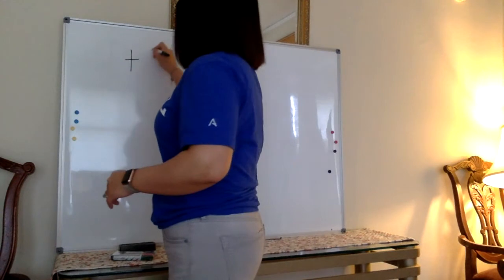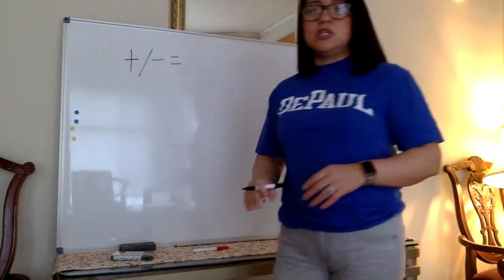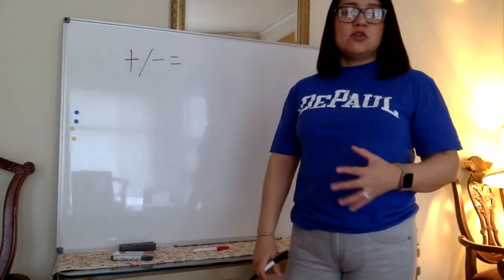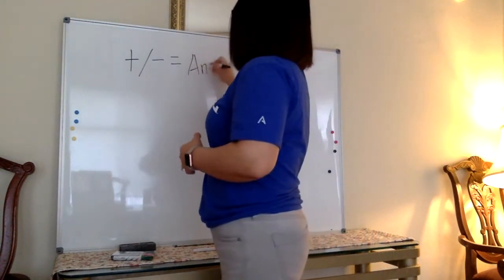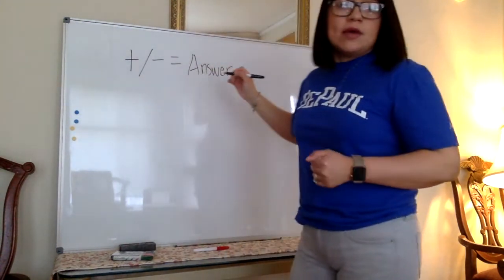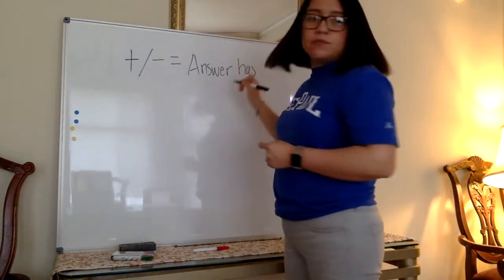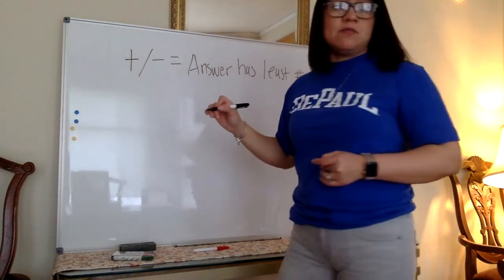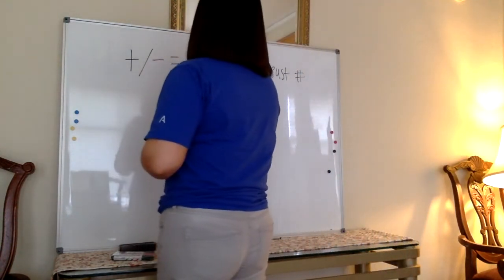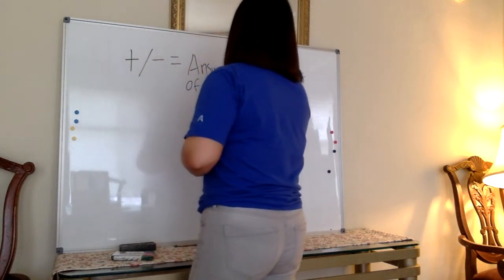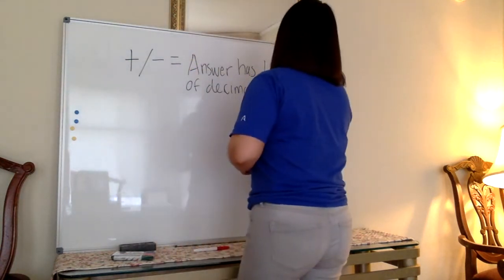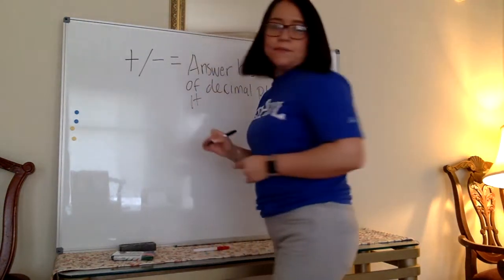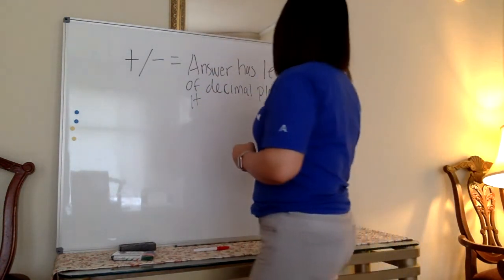So there's 2 rules. There's 1 rule for addition and subtraction. There's 1 rule for multiplication and division. So what is the rule for addition and subtraction? What do we do then? So basically, your answer has the least number of decimal places as it appears in the problem.